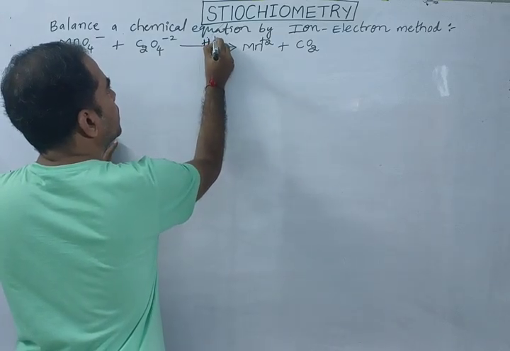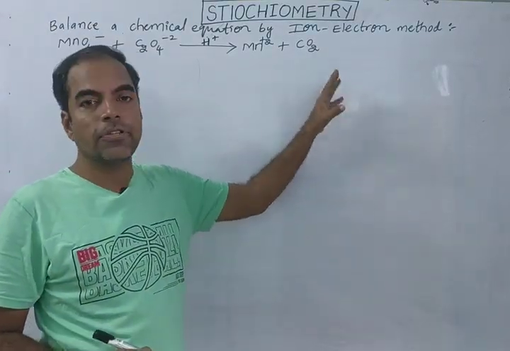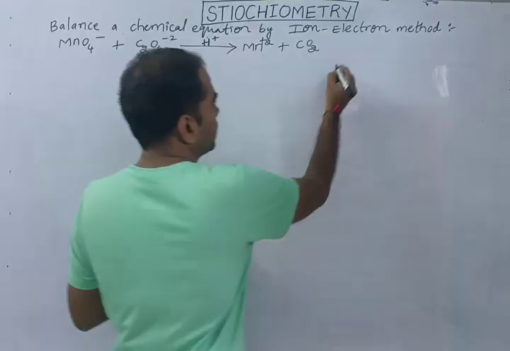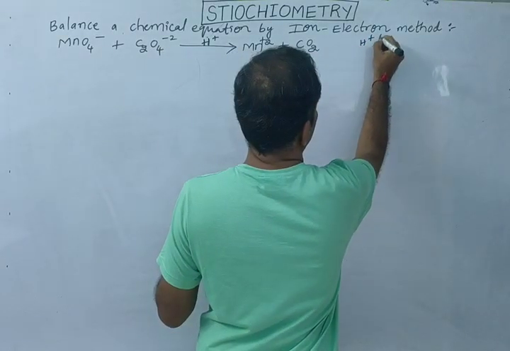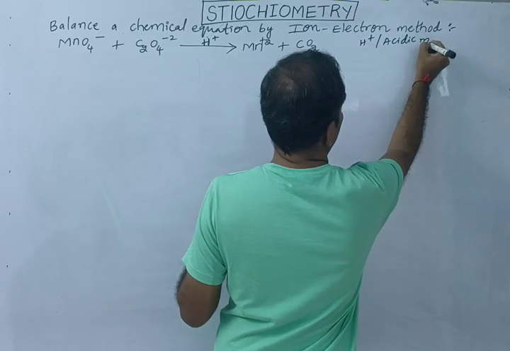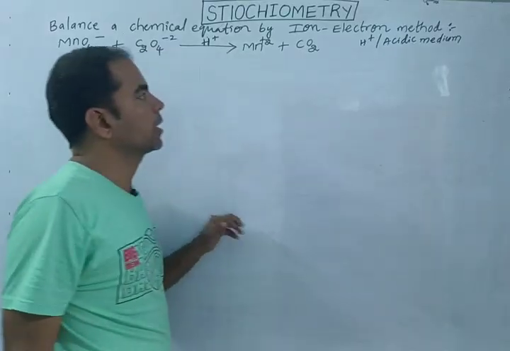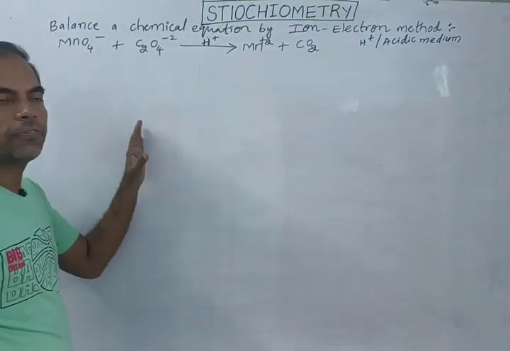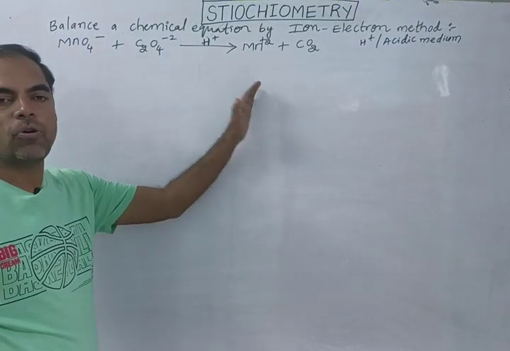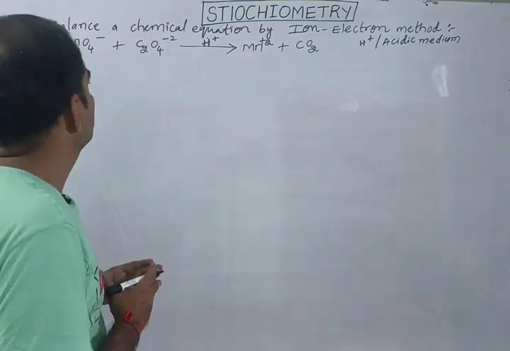Remember, H plus means balancing a chemical equation in acidic medium. First of all, classify the equation into oxidation half reaction and reduction half reaction by finding the oxidation numbers.